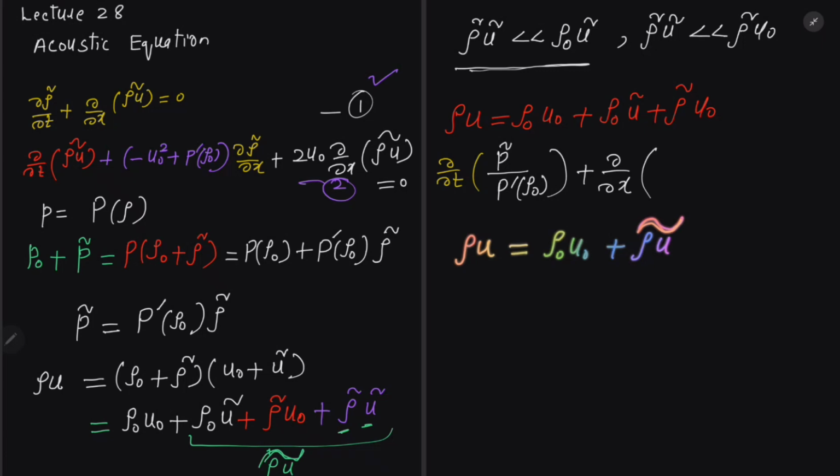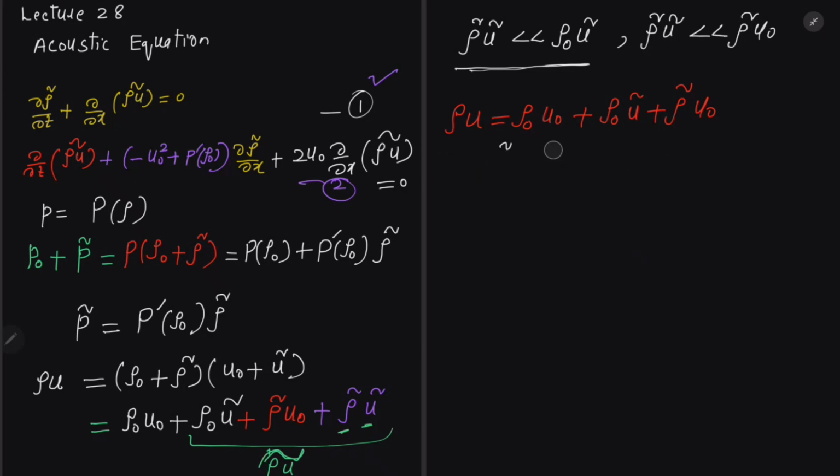It should be whole tilde. Okay, so this whole quantity should be rho u tilde. Maybe I write the correct form first. This quantity, rho u whole tilde, will be equal to rho naught u tilde plus rho tilde u naught.